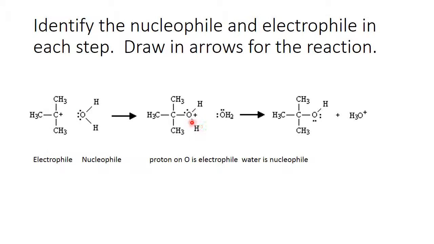The proton on the oxygen is the electrophile, and water is the nucleophile. The arrows for these reactions are this. First of all, the electrons on the nucleophile reach out and grab the carbocation. And then over here, the non-bonding pairs reach out and grab the proton, and the electrons jump onto the oxygen.